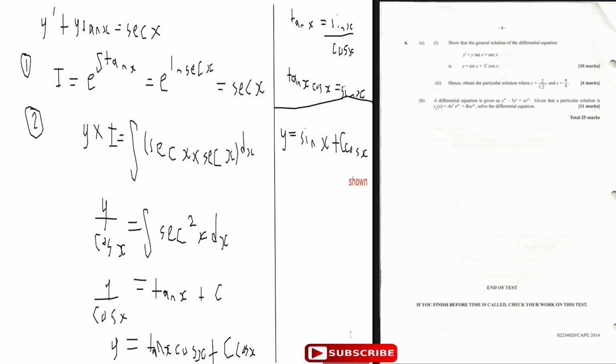What's the next part? It says, hence obtain a particular solution where y is 2 over root 2, and x is pi by 4. So it wants us to obtain a particular solution. We just found that y is equal to sine x plus c cos x.